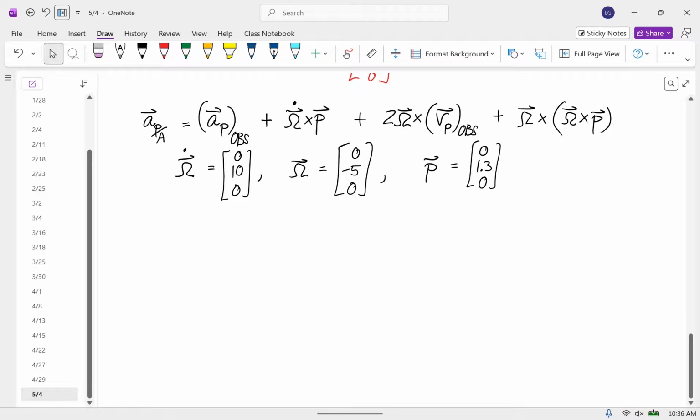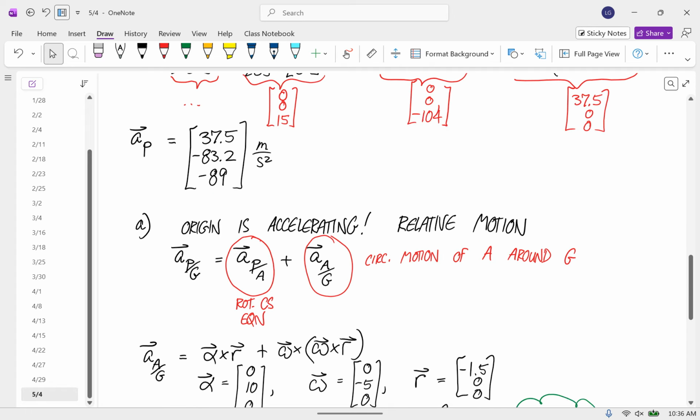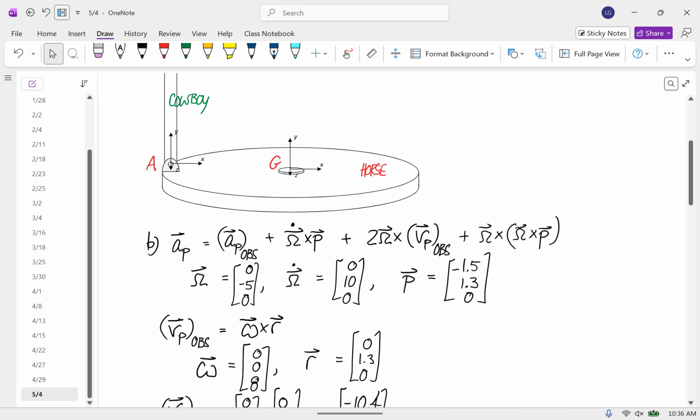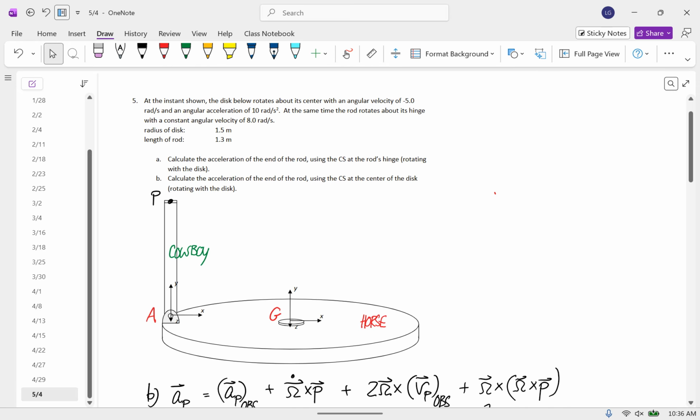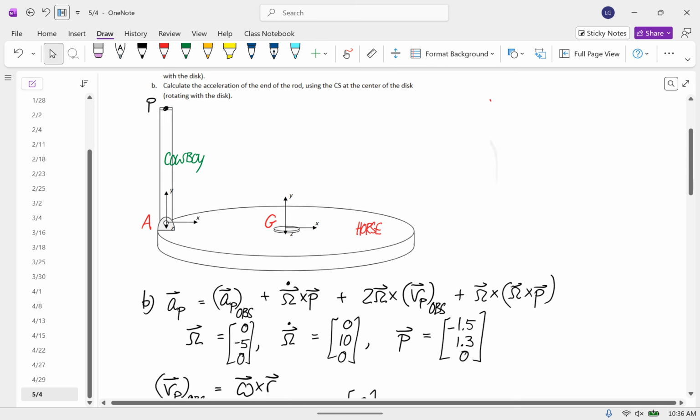Okay, so we got these. Now we have to collect the Maseratis. So velocity of P that's observed in the coordinate system. This is just a circular motion, so this is omega cross r. And we have to collect some little things for this too. So this angular velocity omega is the angular velocity of the arm, and that was 0, 0, positive 8.